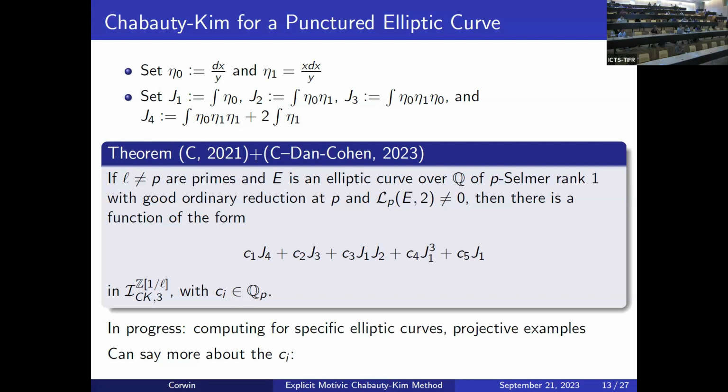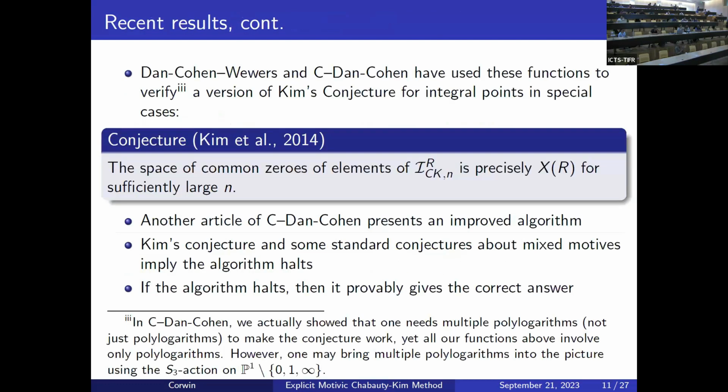Okay, so anyway, I just wanted one question. When you're talking about this algorithm halting, are there some specific conjectures, like the finiteness of Tate-Shafarevich, that say when the algorithm halts? Okay, I see what you're saying.